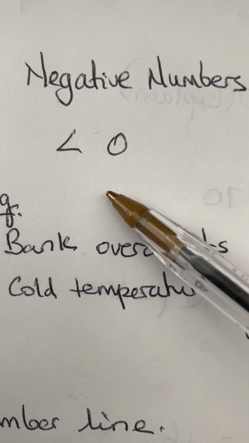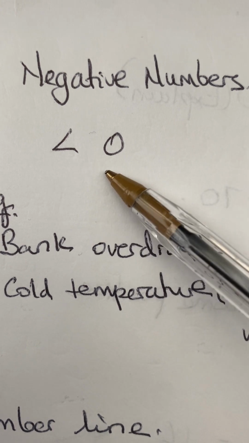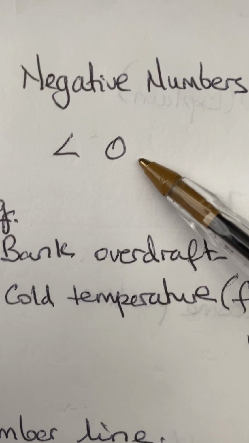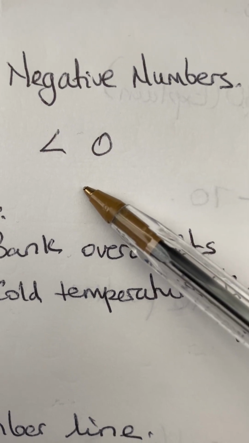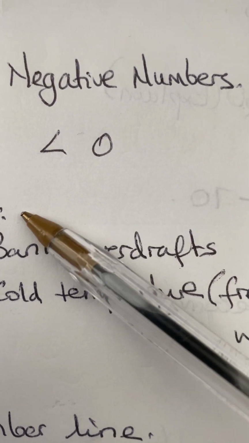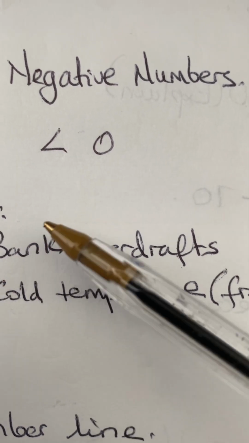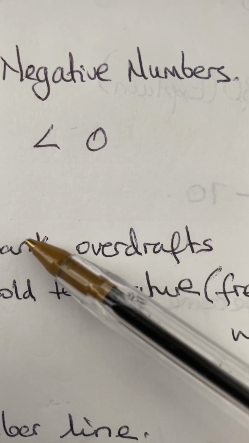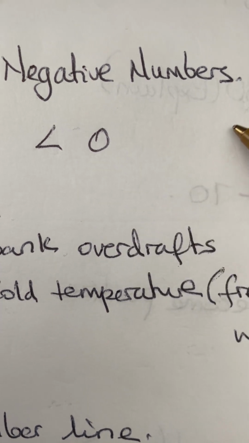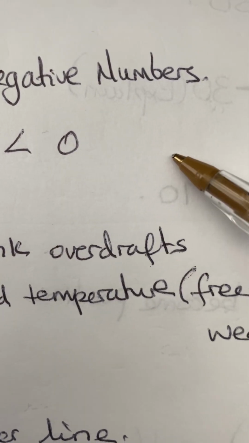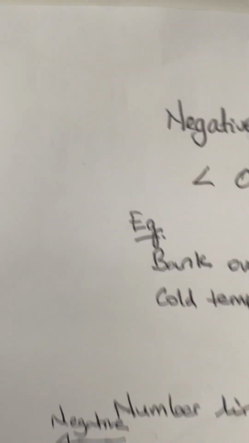So always remember, negative numbers are numbers less than 0. So from -1, -2, these are negative whole numbers, and you can have like -0.5, -7.5.